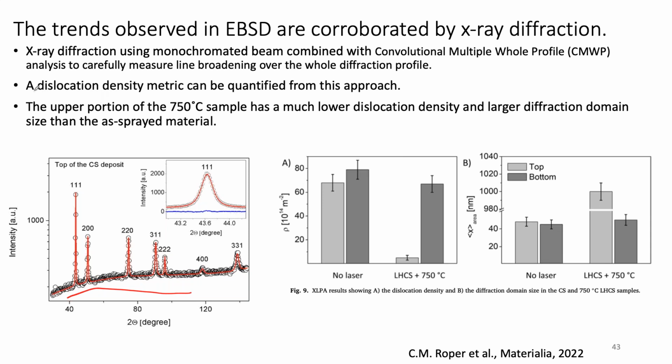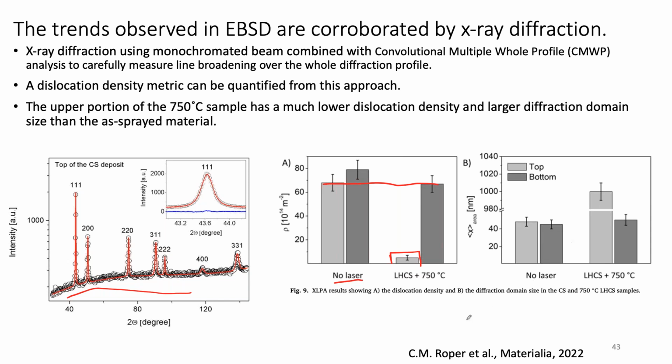You can develop a dislocation density metric using this approach. Here you can see that we have a high dislocation density in the cold spray material where we're not using a laser. Then the top half of the material after a 750 degrees C laser heat treatment has a much lower dislocation content, but for the bottom half, there's actually no discernible difference from the cold spray material, right?